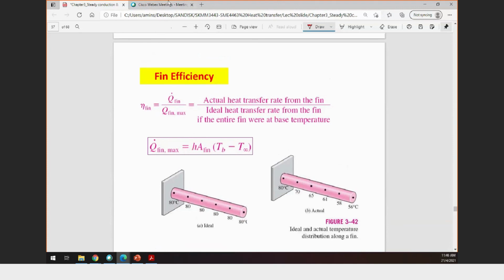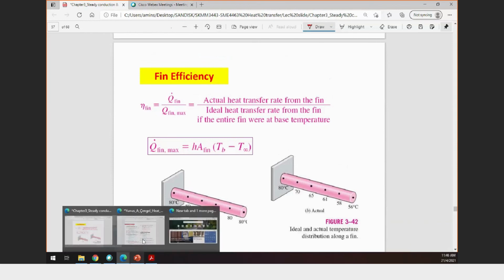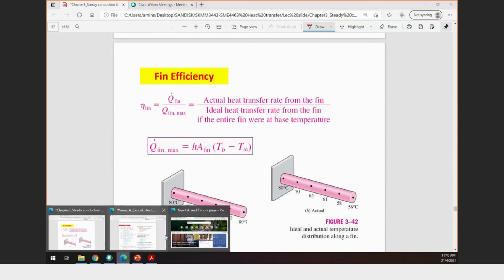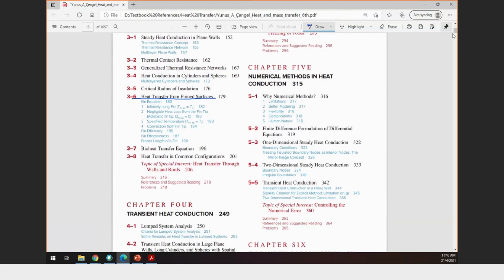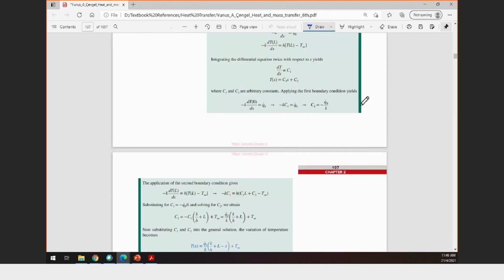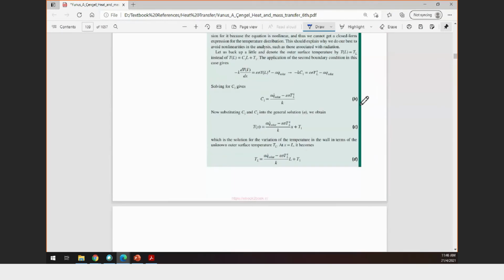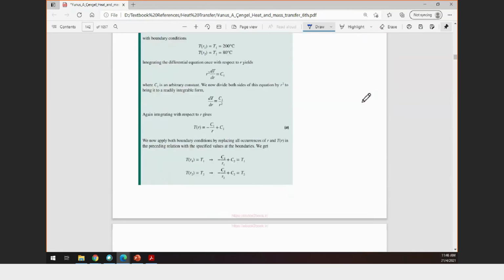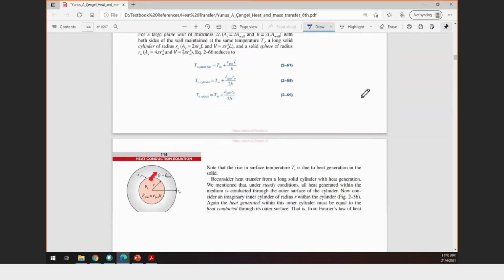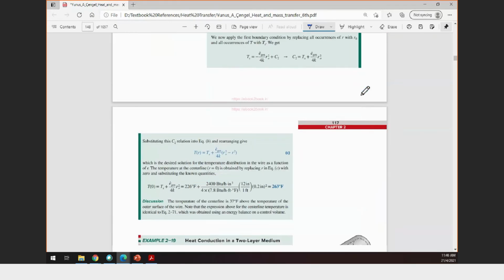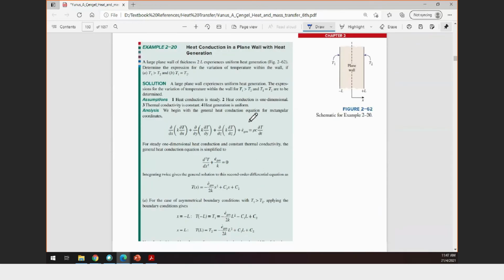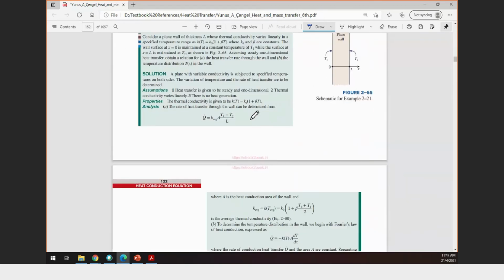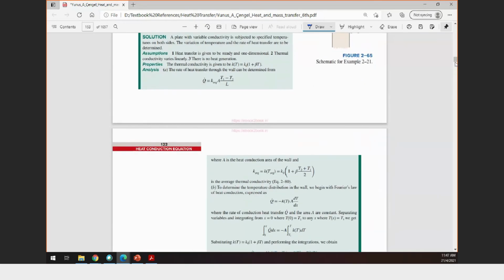Okay, let's go to the textbook, where you can see the example of fin calculation, chapter 3. This is chapter 2.